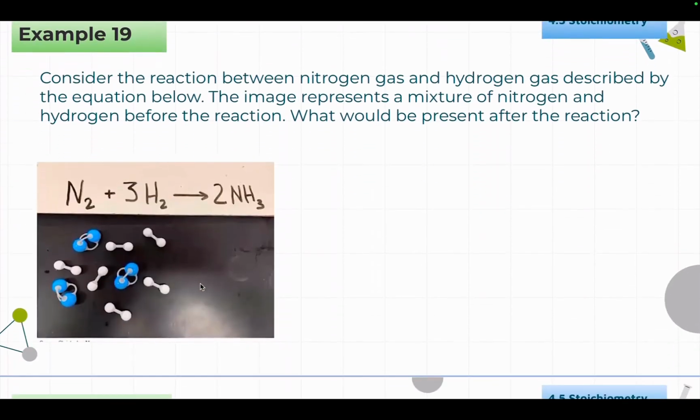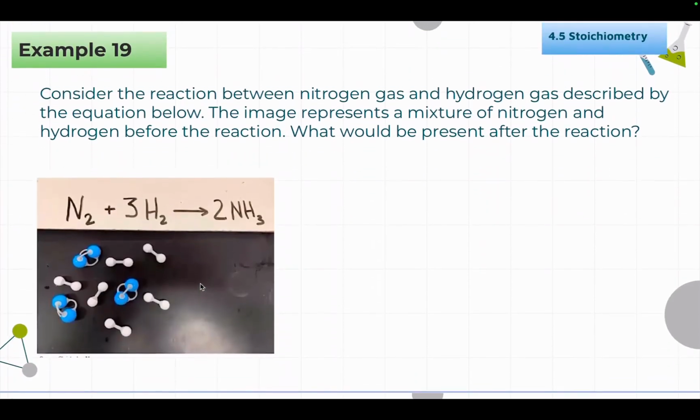All right, let's do another one. So in this example, we are looking at a reaction, the production of ammonia, and we have the models. So what I recommend that you do is count.